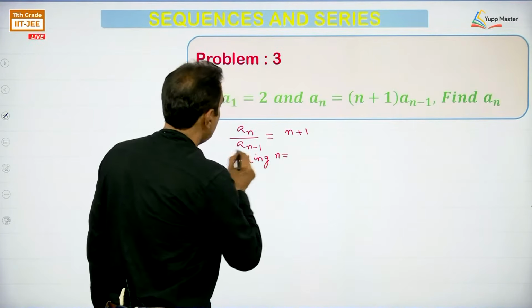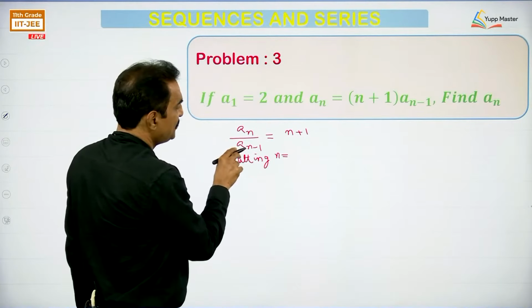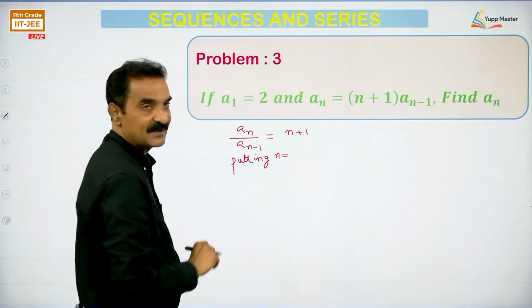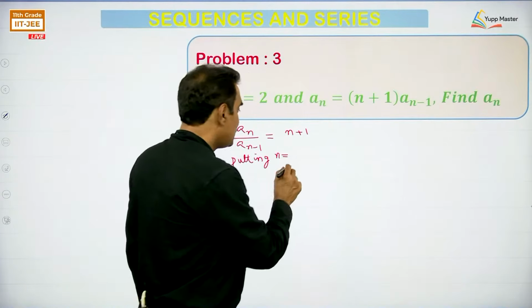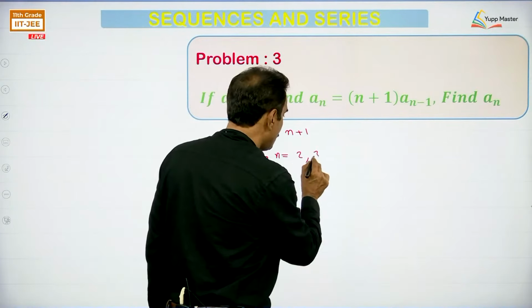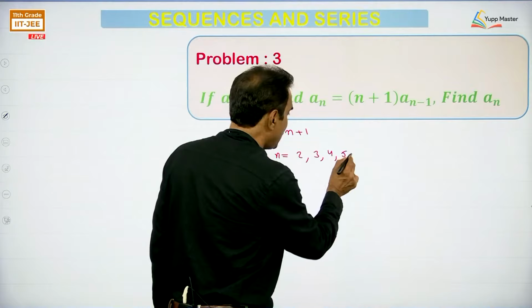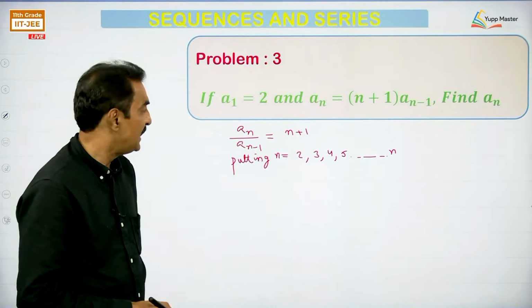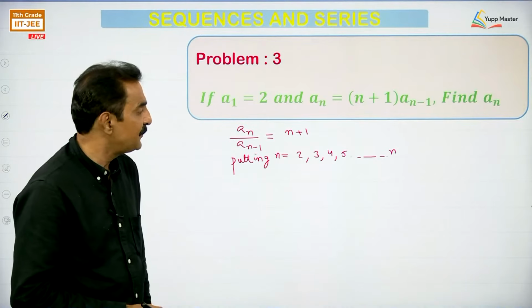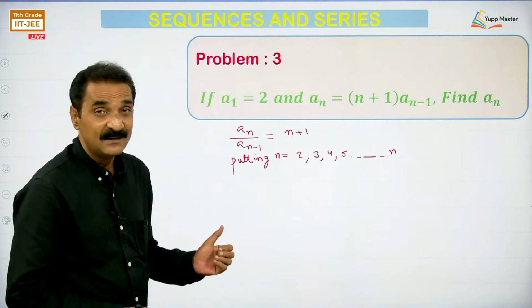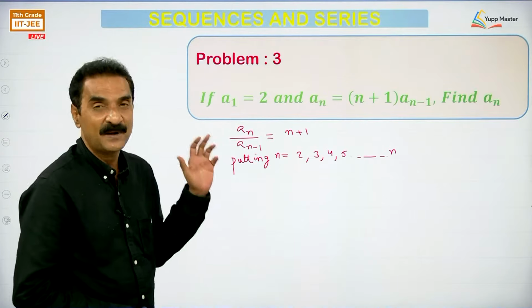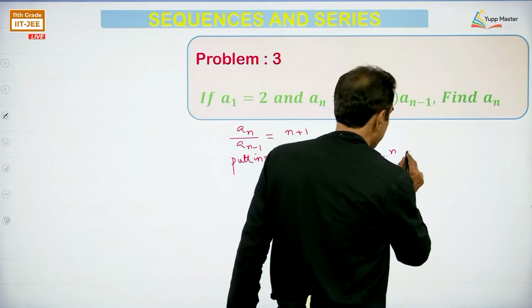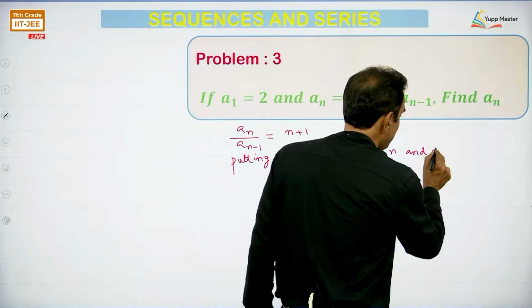So, what we are going to do is put n is equal to, here if you put n is equal to 1, a0 is not there in the denominator. So, we will start with n is equal to 2, 3, 4, 5 and so on till n, and multiply.